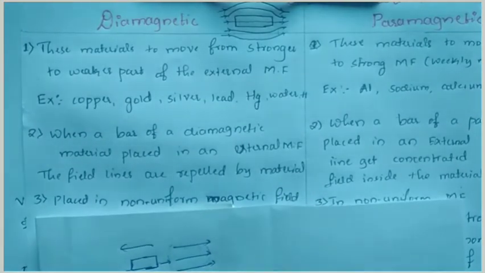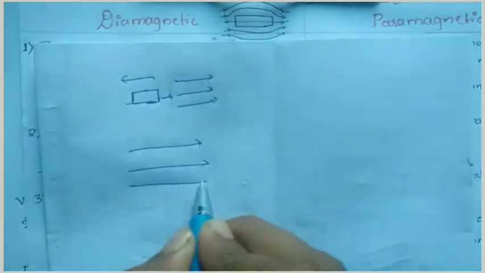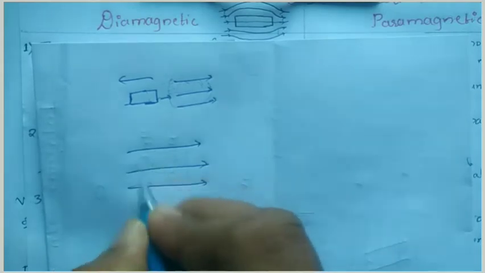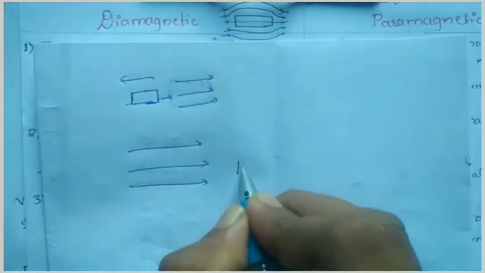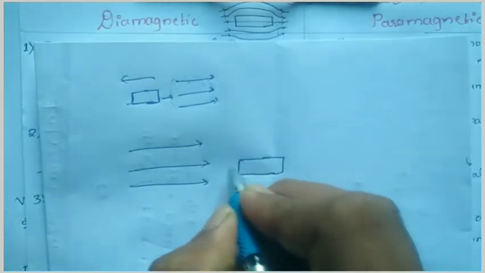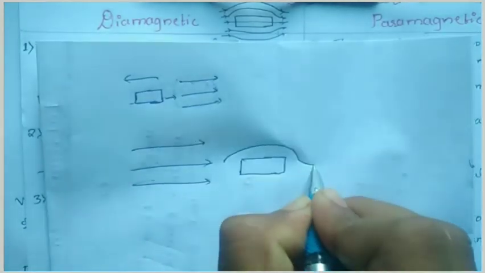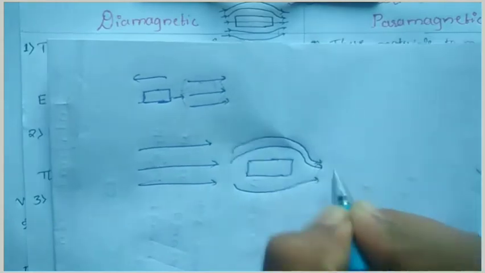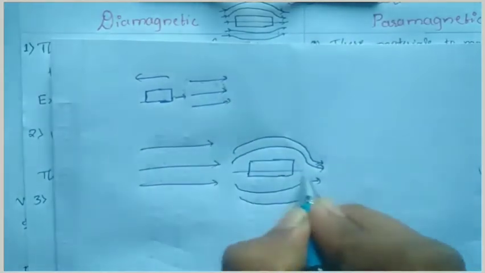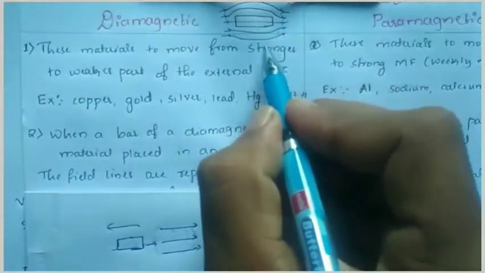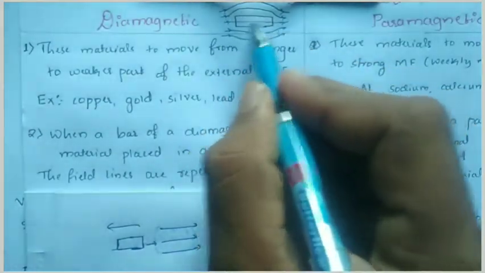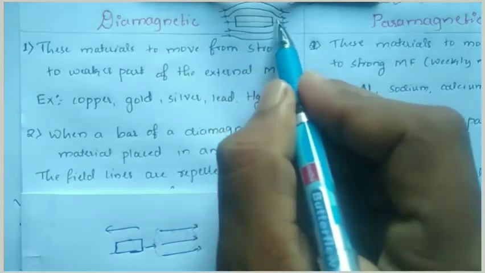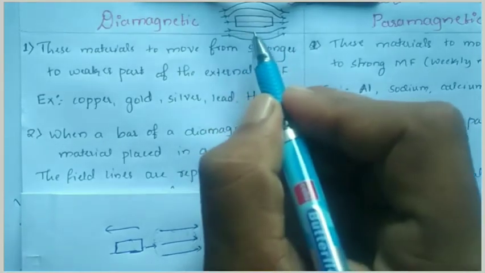If you put magnetic field lines inside this magnetic field, the magnetic field lines are repelled by the material, as shown here. When you take a bar magnet inside the external magnetic field lines, it will be repelled.